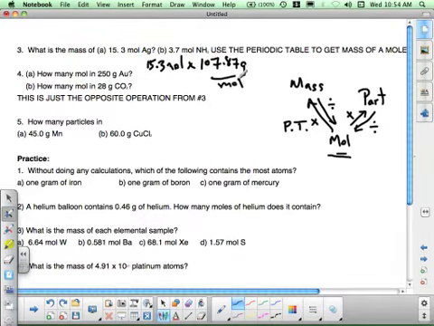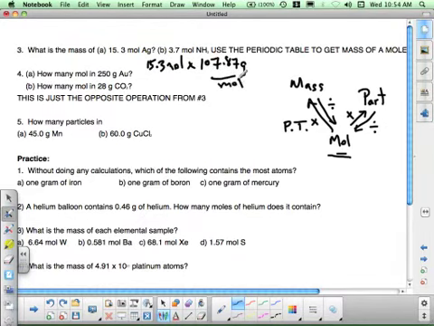And the answer there is 1.65 times 10 to the third. And in terms of significant figures, I had 3 in my number given, so I'm good there. 1.65 times 10 to the third grams. Always put a unit behind that number.